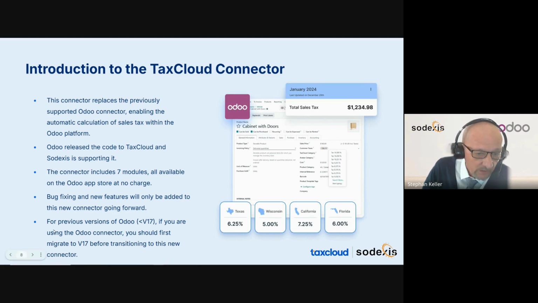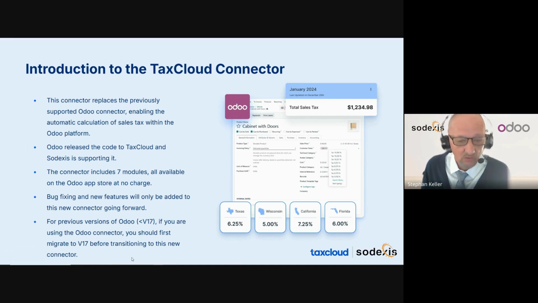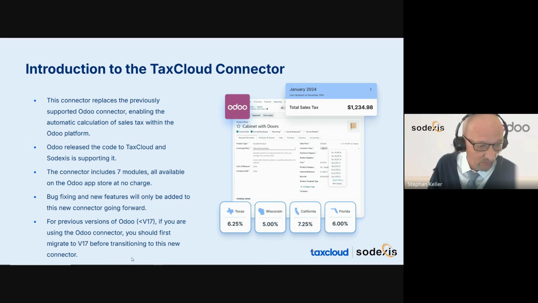Note that for previous versions of Odoo, if you are using the Odoo connector, you should first migrate to V17 before transitioning to this new connector. The new connector is available starting with V17, and of course the plan is to continue to support it through different versions of Odoo.